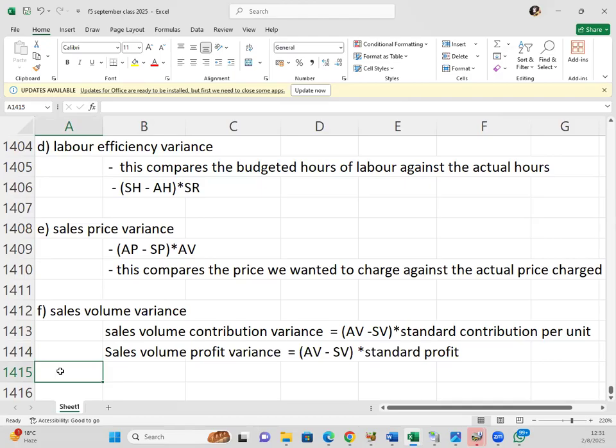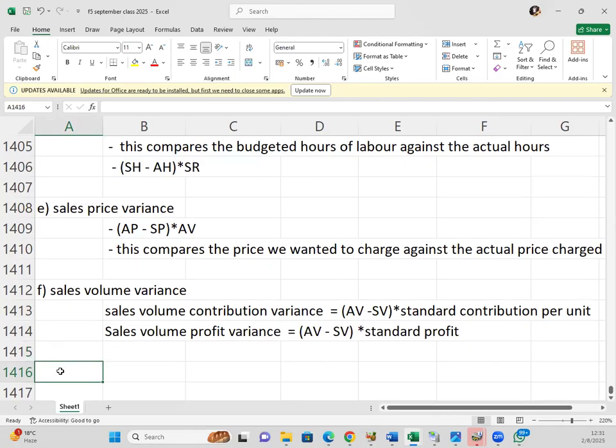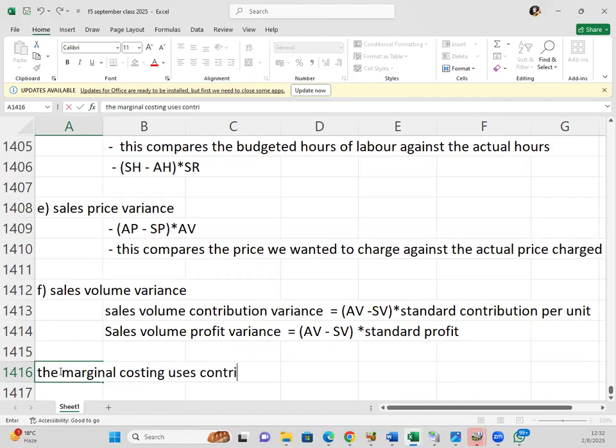They will not tell you, they'll just calculate the sales volume variance. Then they'll say the company uses a marginal costing system or an absorption costing system. The marginal costing system is the one that makes use of contribution, but absorption costing uses profit.